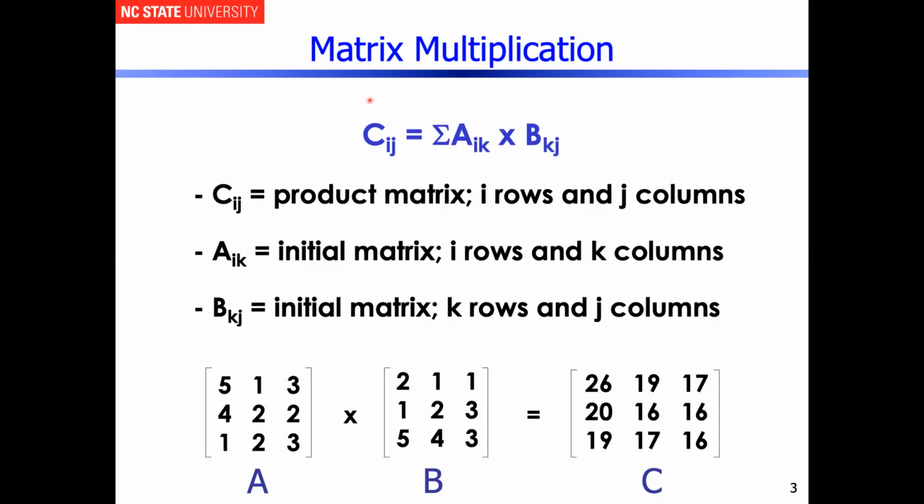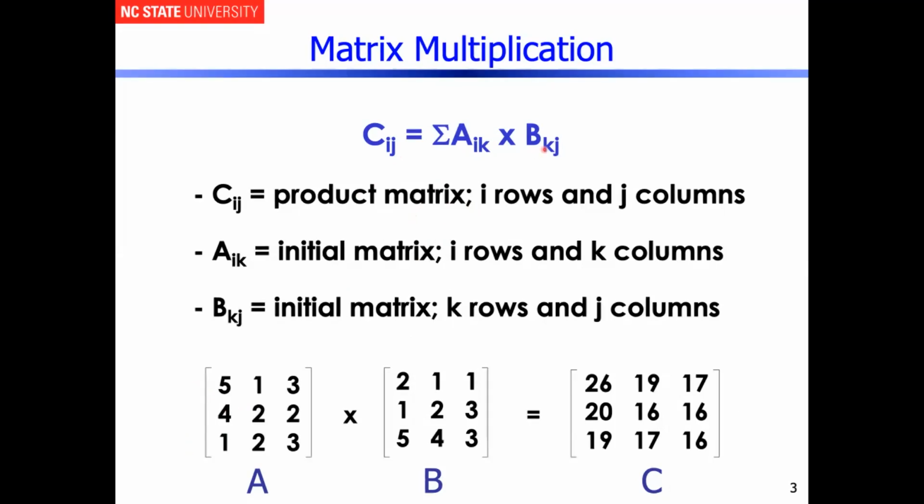So the product matrix is going to be this C, which is the one that we got down on the bottom right here. And that will have I rows and J columns. But what determines the number of rows and columns in the product matrix has to do with what composes it in the first place. So you get the number of rows from matrix A. So this has 3 rows.